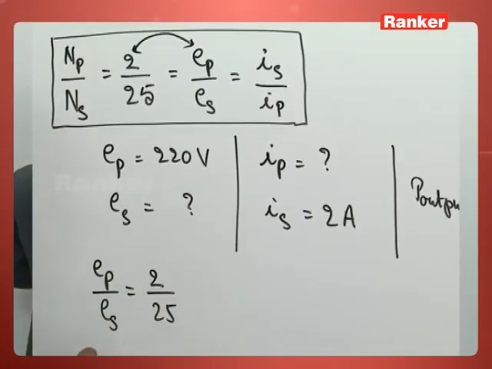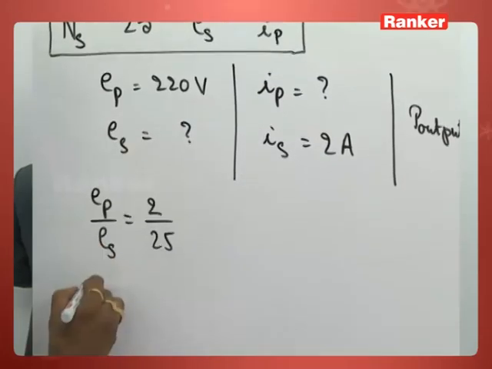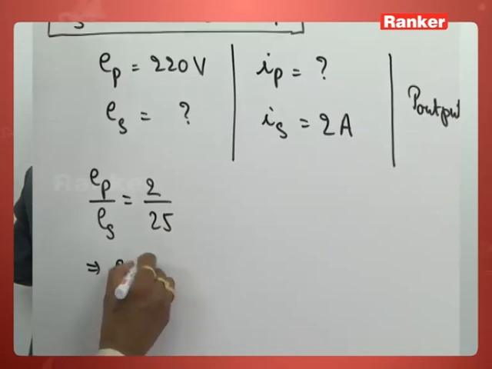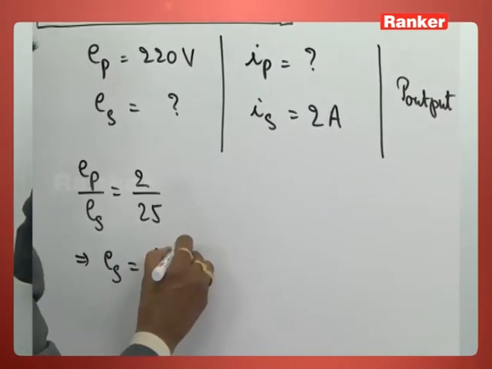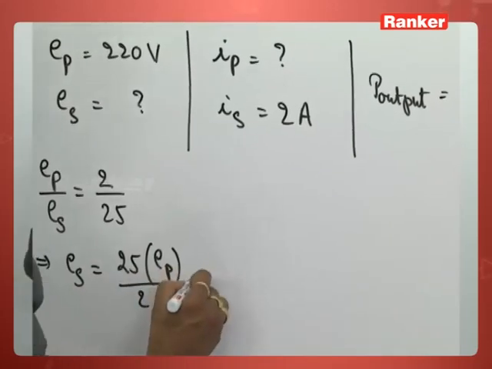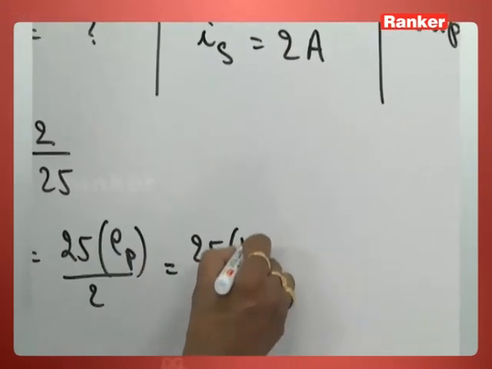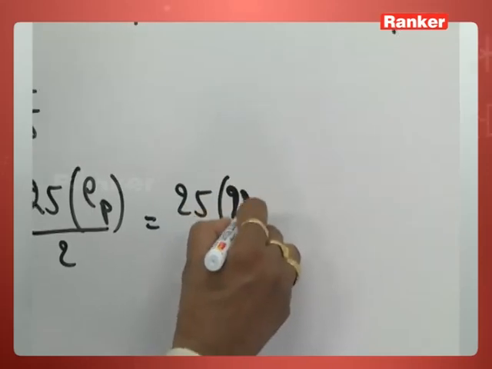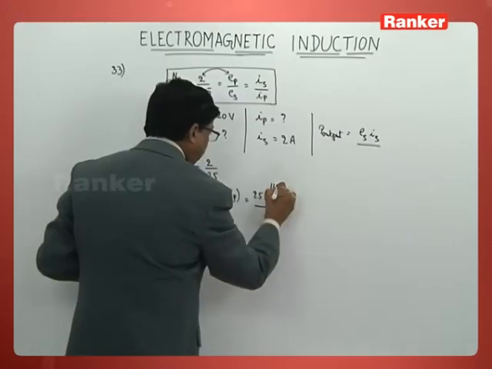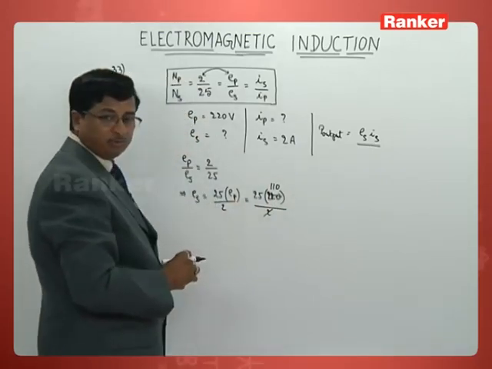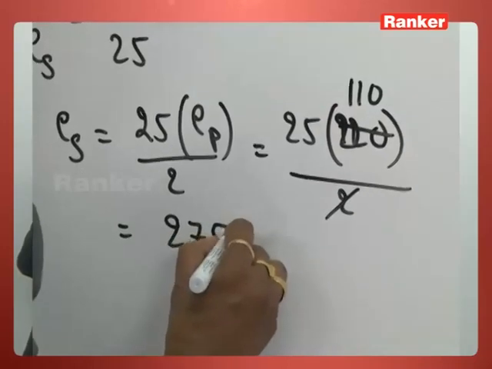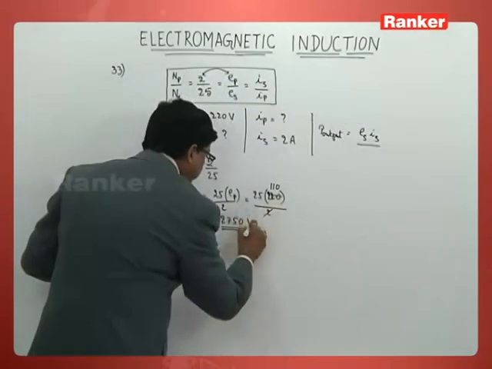E primary value given is 220, and secondary value I want. So E secondary is equal to 25 times E primary by 2. That is 220 by 2, which goes 110 times. So what will you get in this case now? 2750 volt.